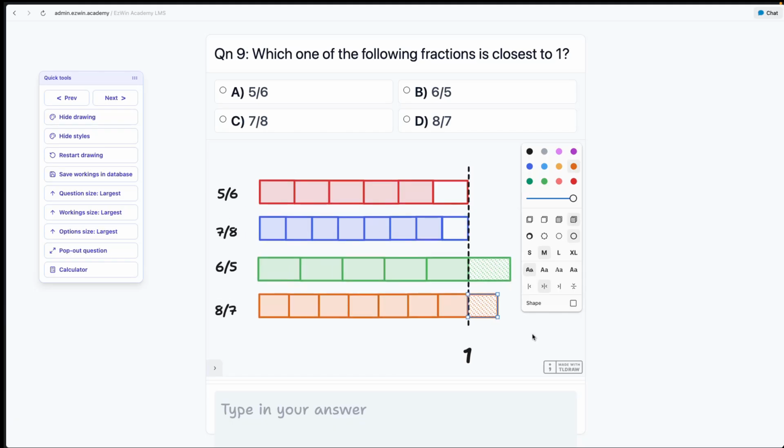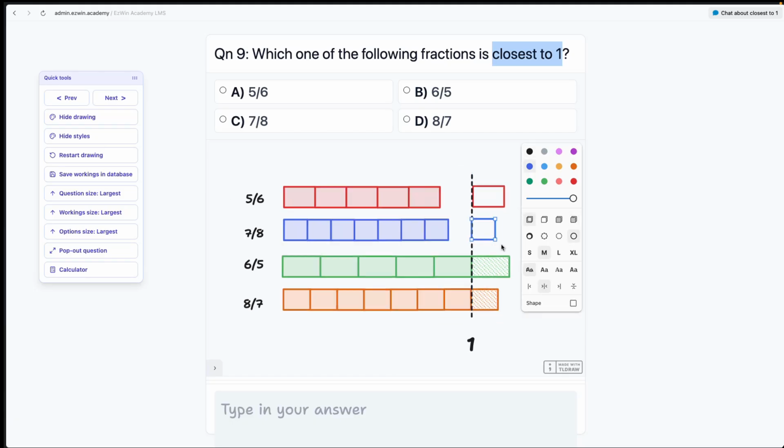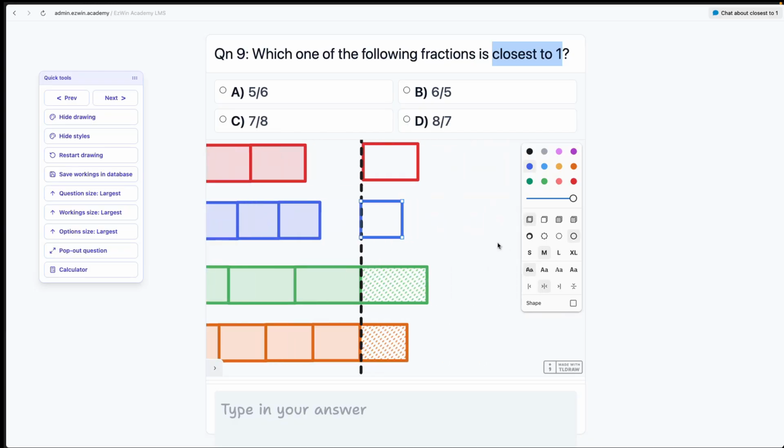So you might be like, oh, it's a bit confusing because there's an excess and there is a shortage, right? So which one is the closest to 1? So yeah, this is a tricky question. But if I were to just push this out over here and this out over here, which one do you think is the shortest one if I were to really zoom it in?